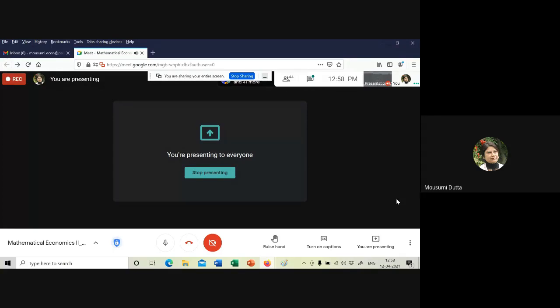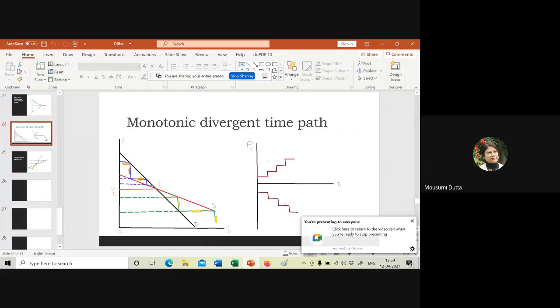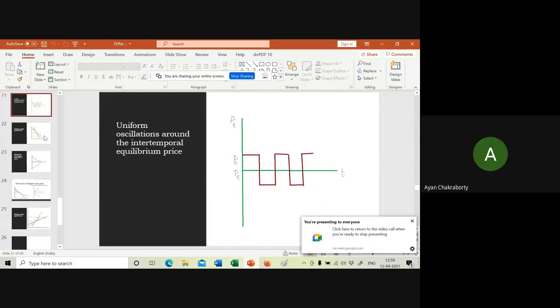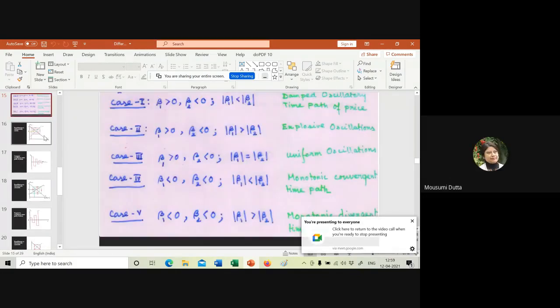Ma'am, in case 5 also there is inconsistency. No, there is no inconsistency in case 5. No problem with case 5. It's perfect. How are you finding inconsistency in case 5?